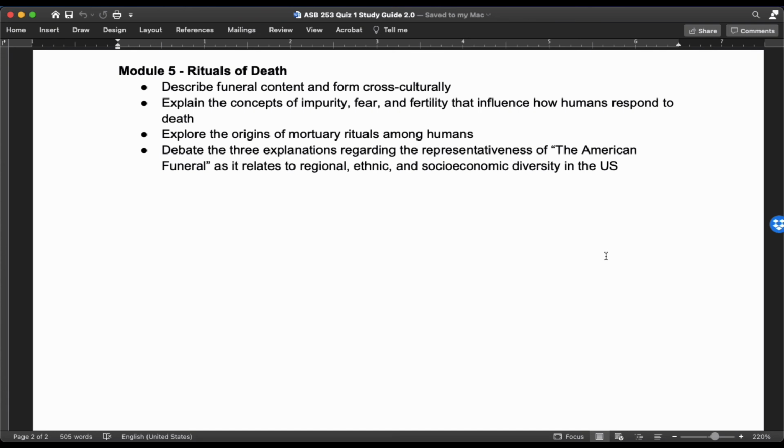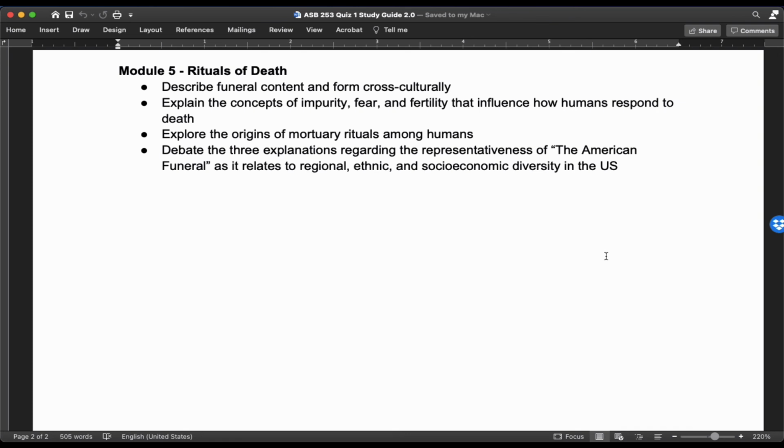The funeral home offers this sort of homey feel for mourning to take place within. Your textbook also talked about these three concepts that I have listed here: impurity, fear, and fertility, and how this influences the way humans respond to death. So it would be important to go back and review those concepts.